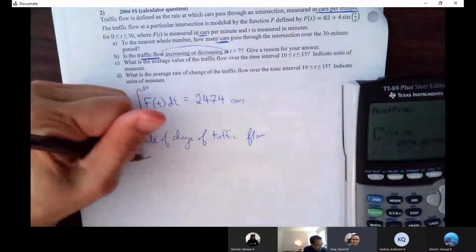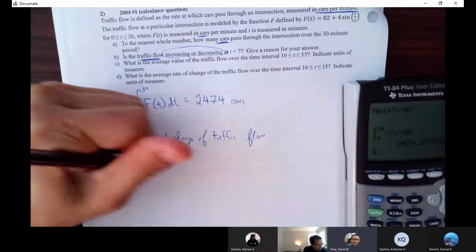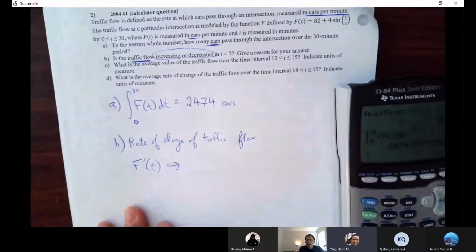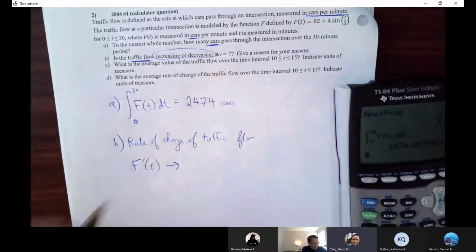So it's got to be f prime of t, and we want to find f prime of 7.